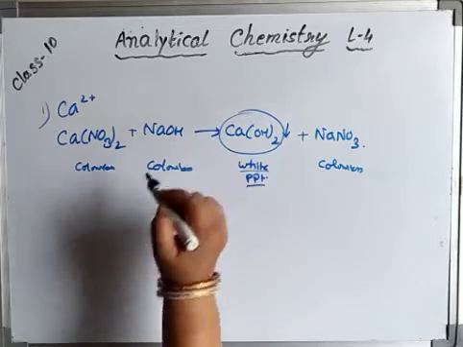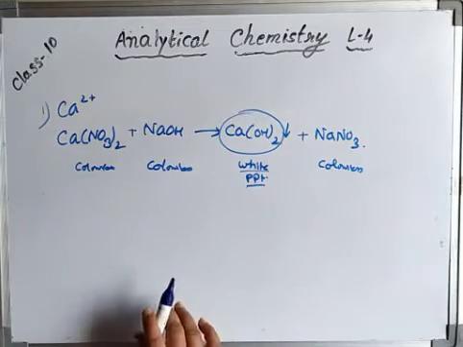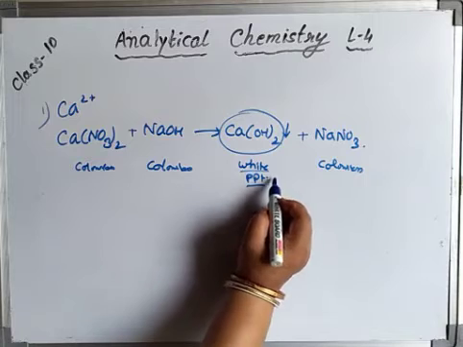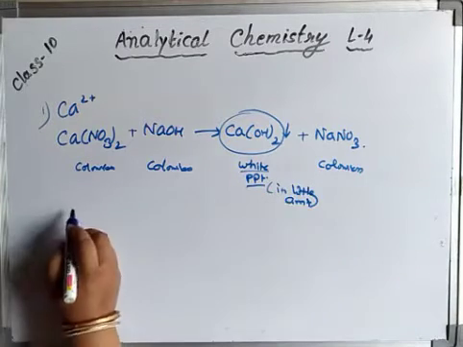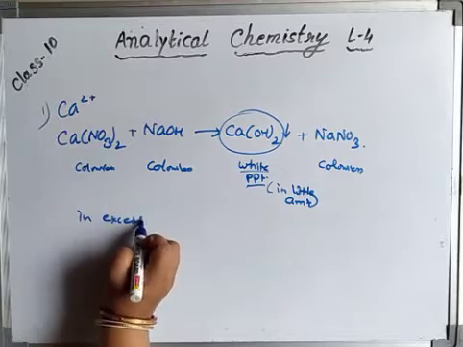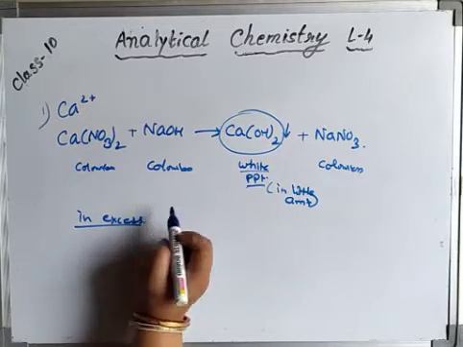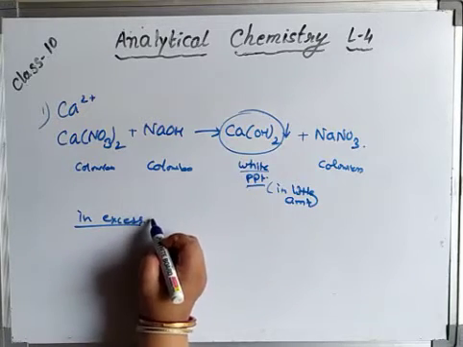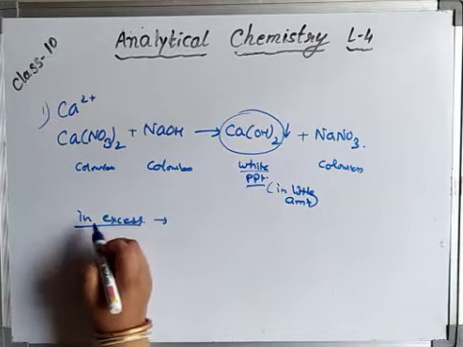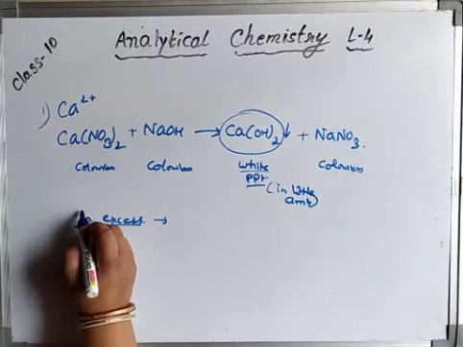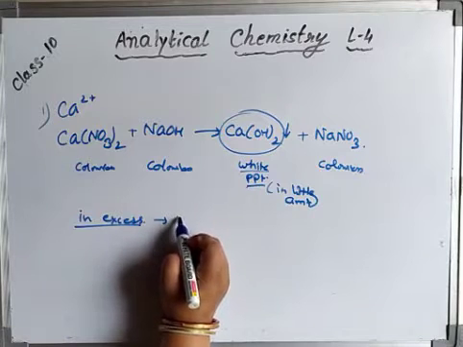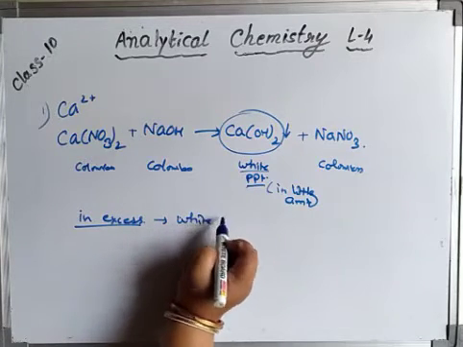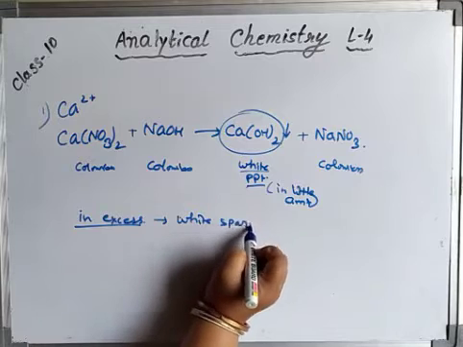Now when we start adding more and more in excess, what happens? Since calcium hydroxide is sparingly soluble, it will not dissolve fully, some will remain insoluble, so it is white, sparingly soluble.